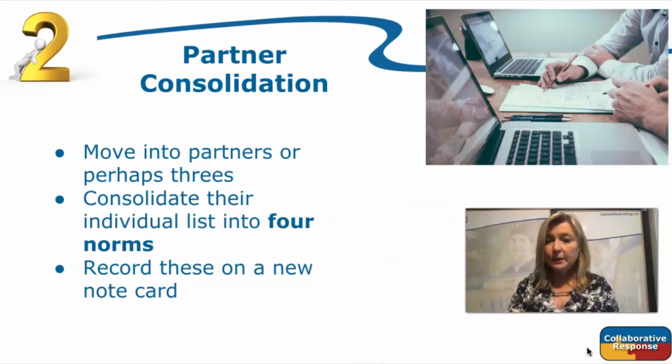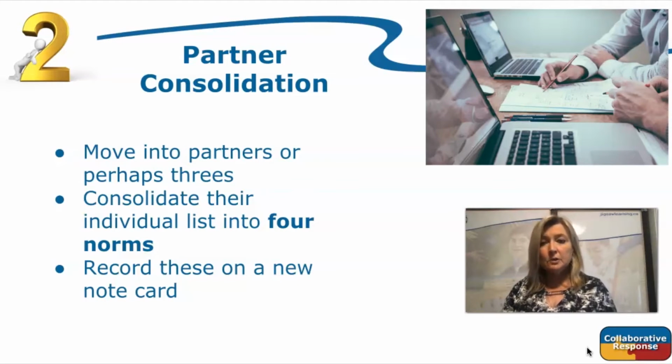And with that other person, you review the norms that you have articulated for yourself personally, and then you start to look at where the common themes are between the two, and where the unique differences are. In doing that, you create 4 new norms as a partnership, making sure that both of you agree what should be recorded in those 4 norms going forward.